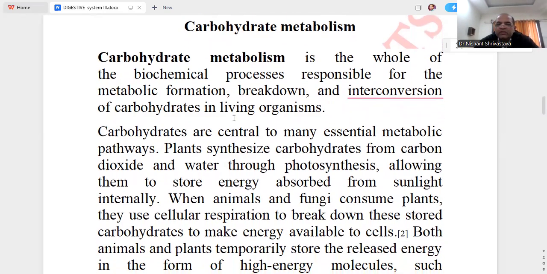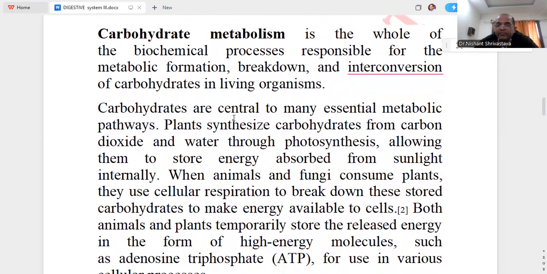Carbohydrates are central to many essential metabolic pathways. Plants synthesize carbohydrates from carbon dioxide and water through photosynthesis, allowing them to store energy absorbed from sunlight internally.